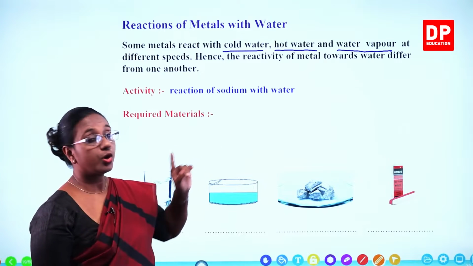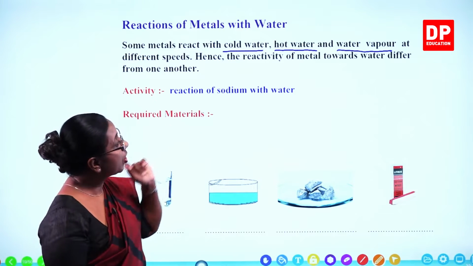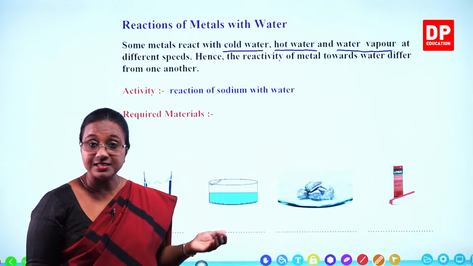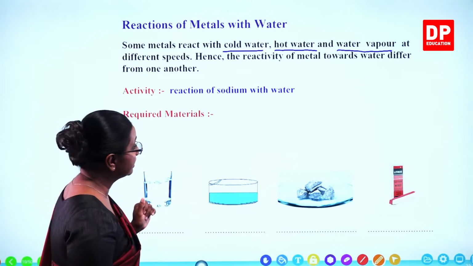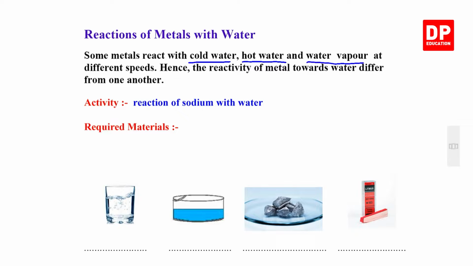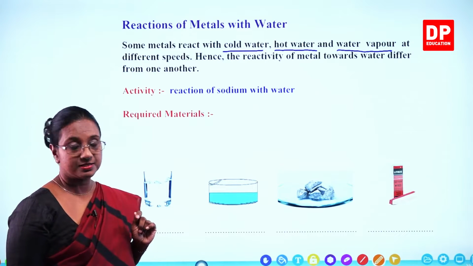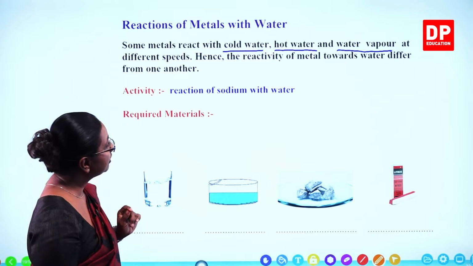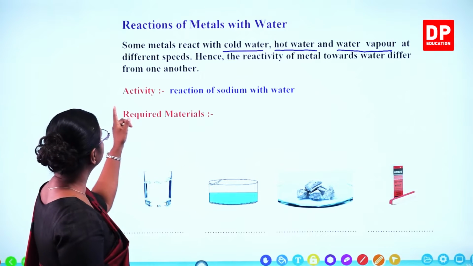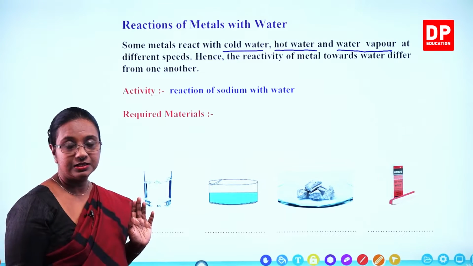Cold water, hot water, both are liquid states. Water vapor, it is in the gaseous state with more energy. So cold water, hot water and water vapor at different speeds. Hence, the reactivity of metals towards water differ from one another.